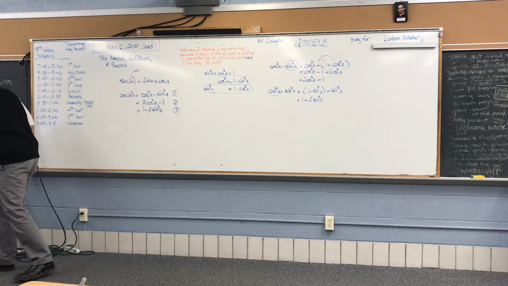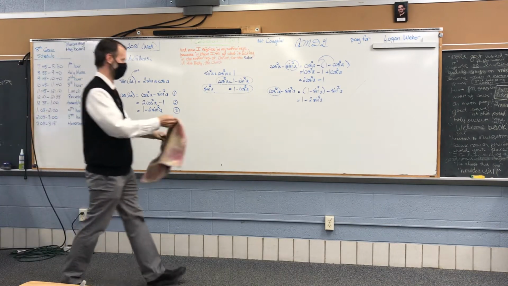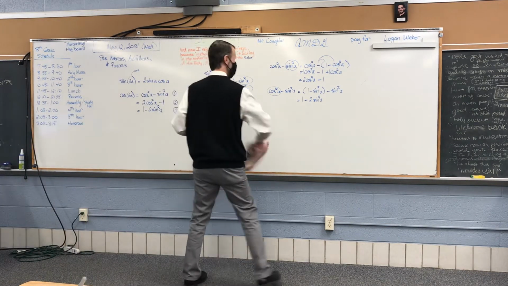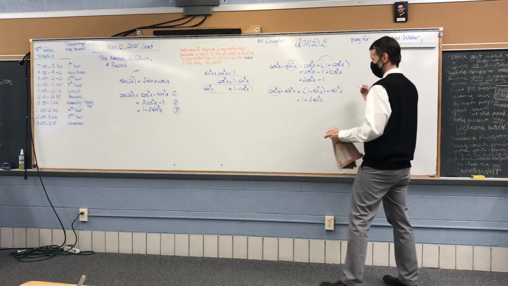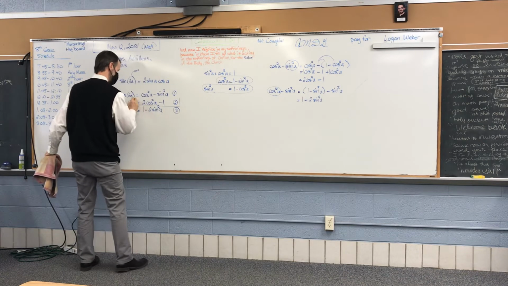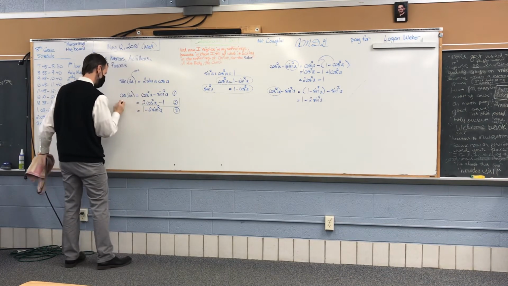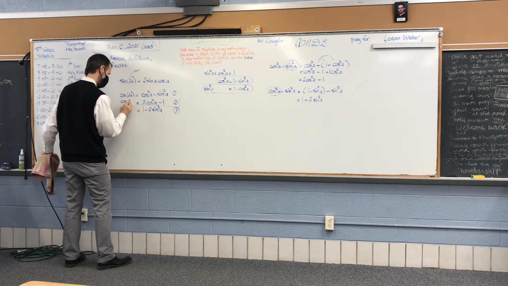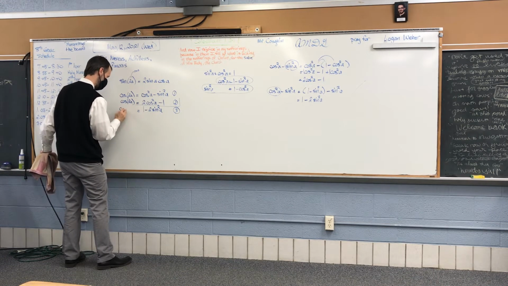Now, why do we care? I mean, those are nice, but it just seems like we're sort of playing with things. Let me do it over here. This formula number 2 has a lot of use. Cosine of 2a.